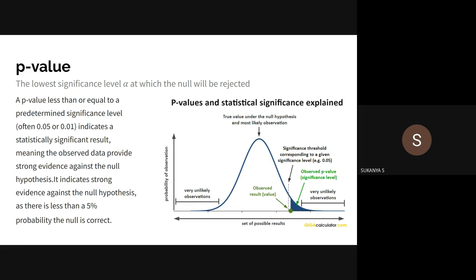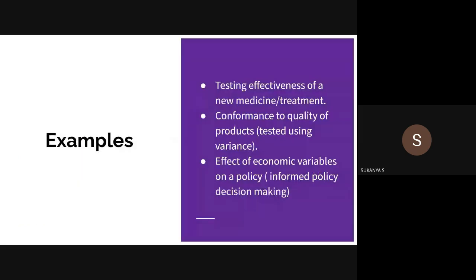It is a very unlikely observation, and that would give you very strong evidence against your null hypothesis, but it is upon you to determine if you want to accept it or not. The p value is simply the amount of evidence that you have against your null hypothesis.